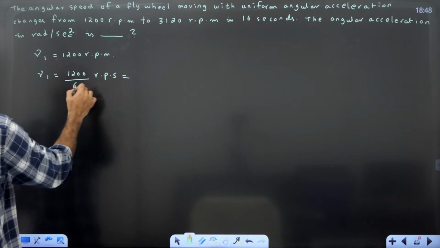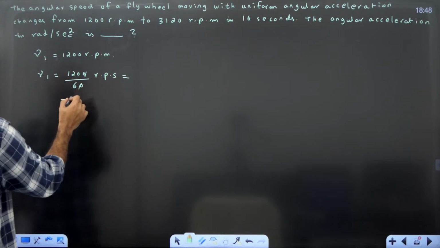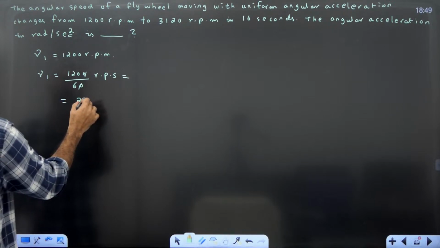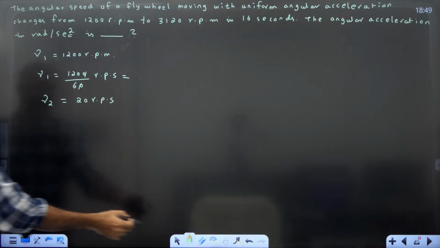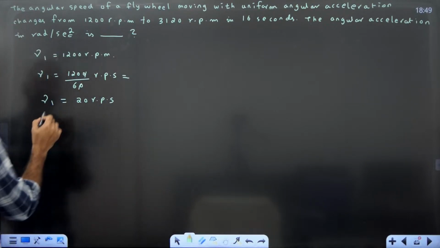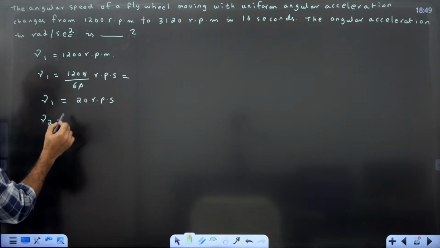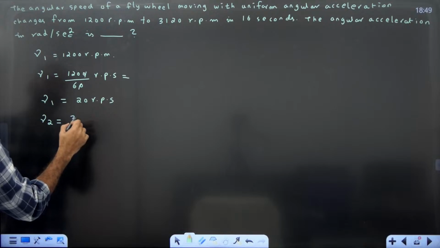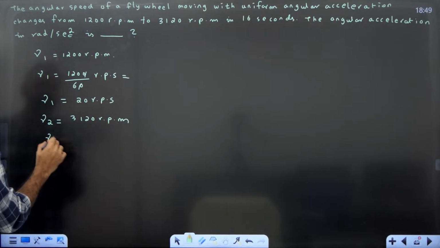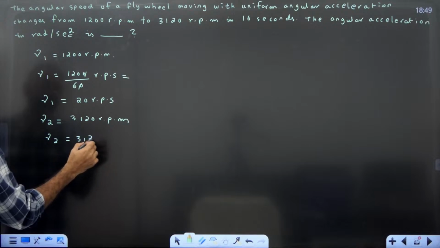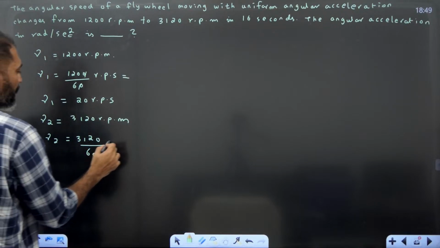That is 120 by 6, 20 rps. Similarly, nu2 is equal to what? 3120 rpm. That is nu2 is equal to 3120 by 60 rps.